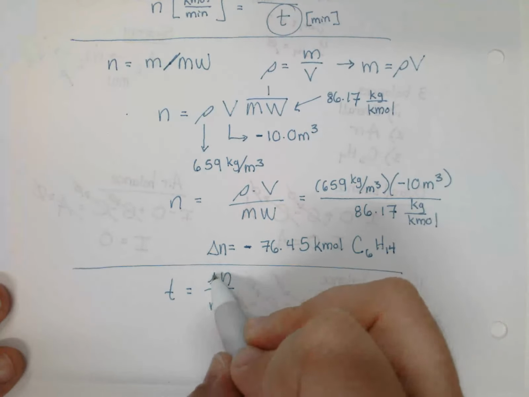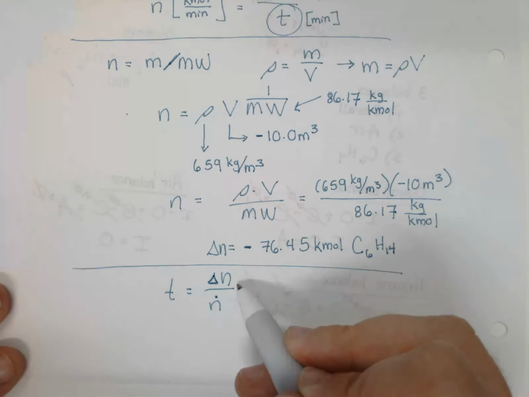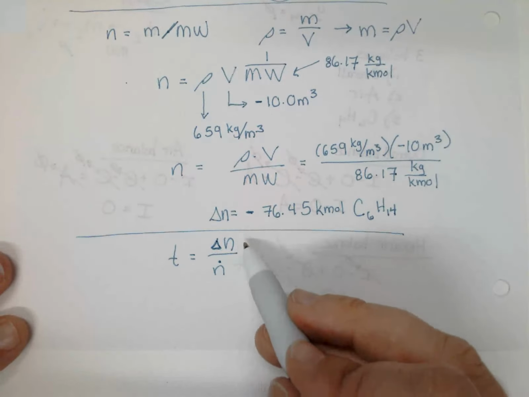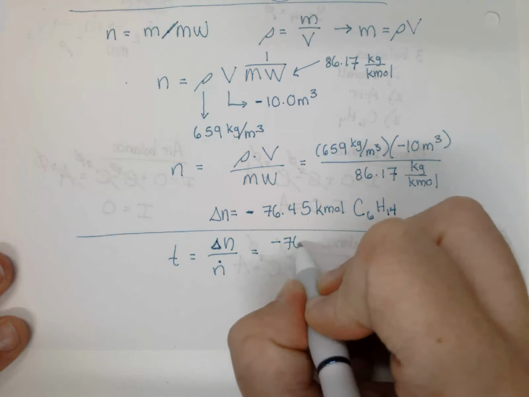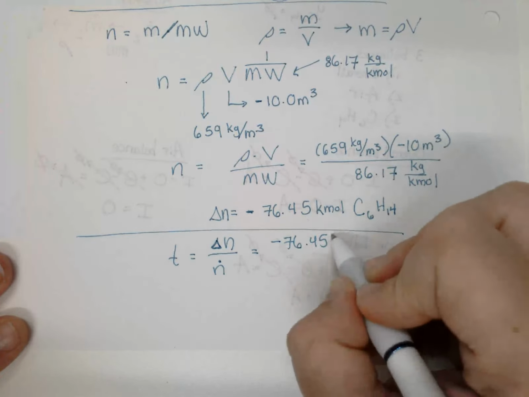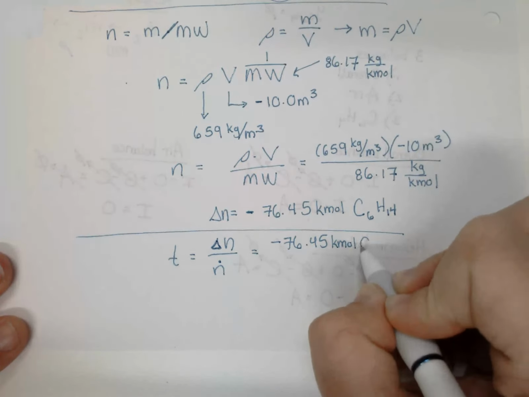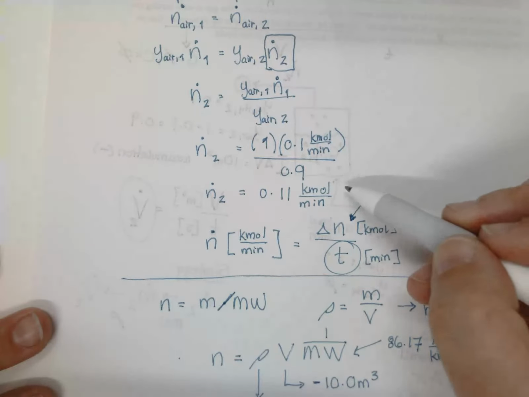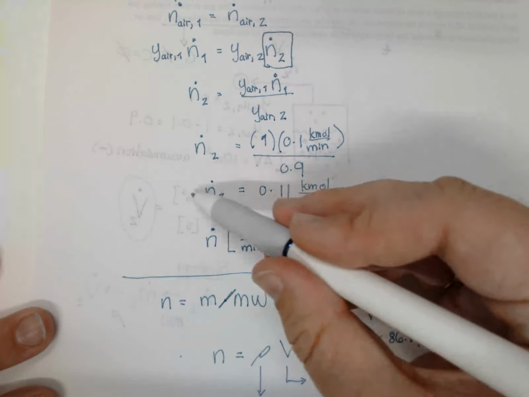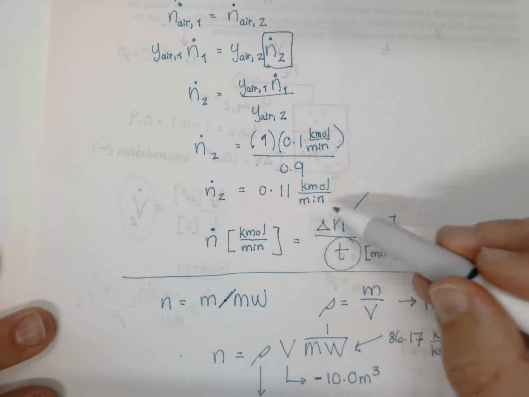But the biggest thing that we have to be careful about when we're doing these types of problems is that everything has the same units. This change in N right here is a negative change in the kilomoles of C6H14, hexane. This flow rate that we found up here is a total flow rate in the system.